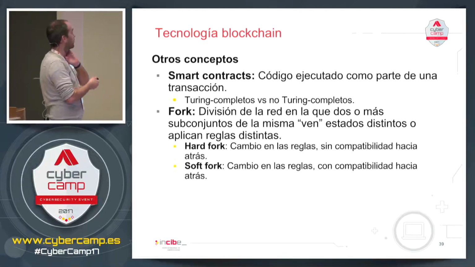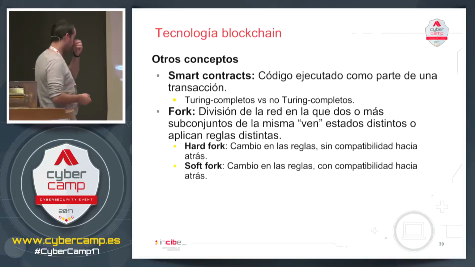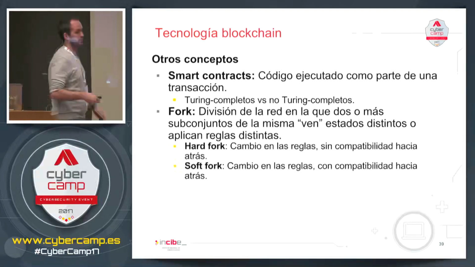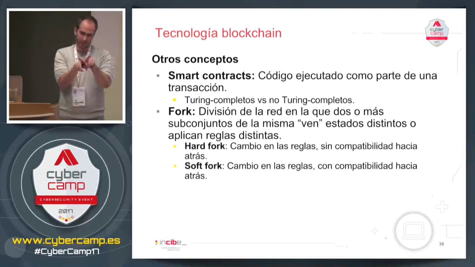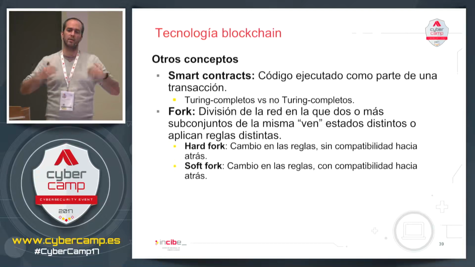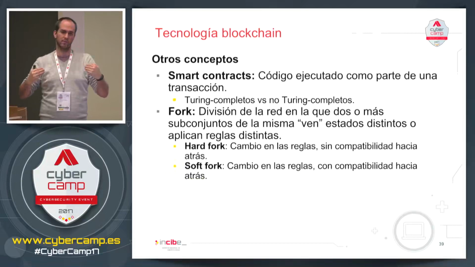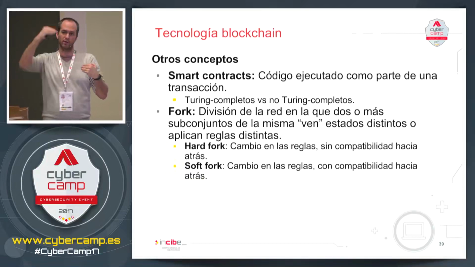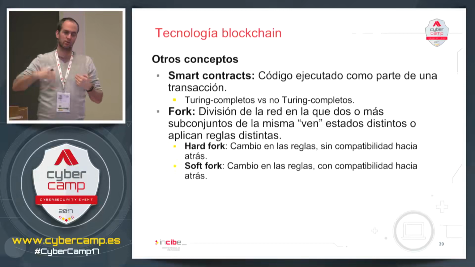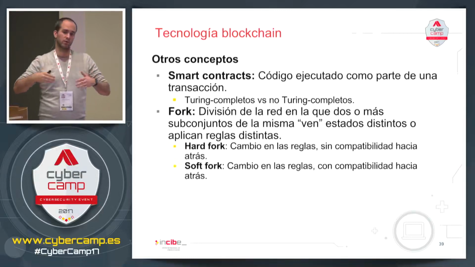Here we can differentiate between Turing complete scripting languages and Turing incomplete scripting languages, and then forks. Forks is when you get a division in the network state. Imagine that those of us in the lower part of the fork have a communications failure. And we see that there's a series of transactions, and those that are in the upper part see different kinds of transactions.